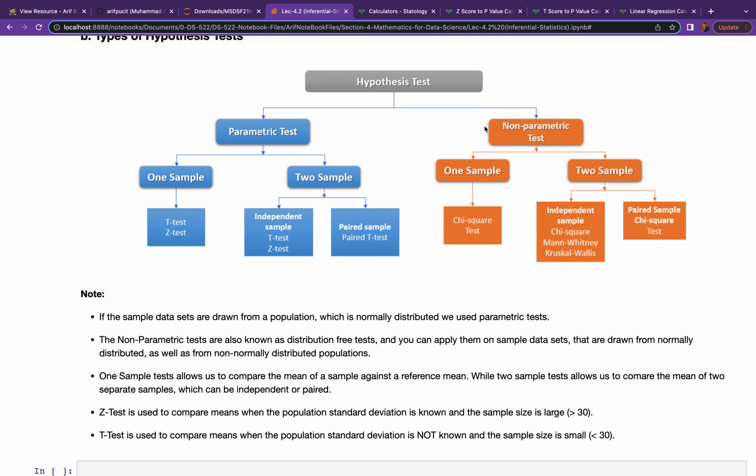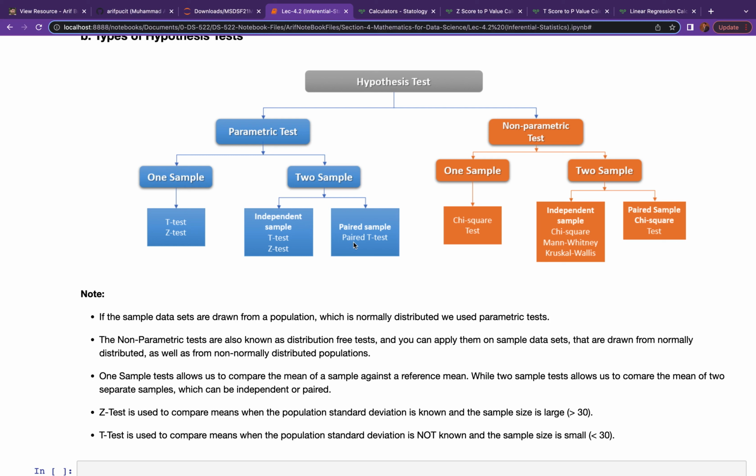The tests under these two types are further categorized as one sample tests and two sample tests. One sample tests allow us to compare the mean of our sample against our reference mean. Two sample tests allow us to compare the means of two separate samples, and the samples can be independent or paired.